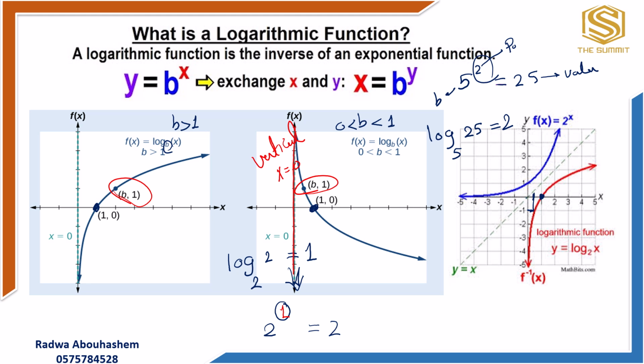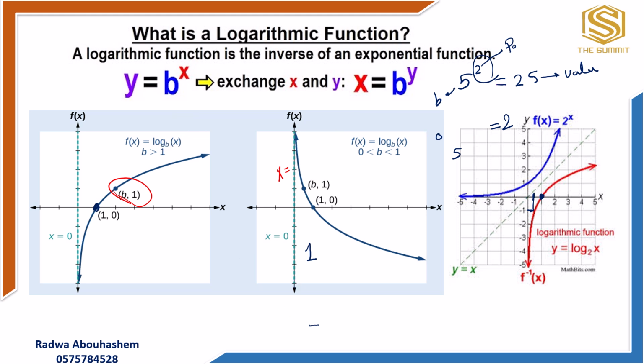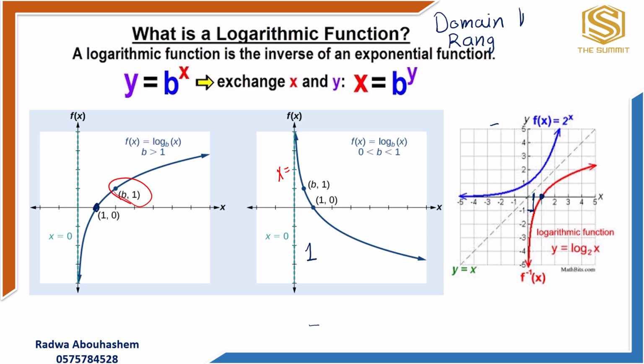Good. Now let's go for the domain and range. Do you remember the domain and range for the exponential function? The domain for the exponential was R, and the range was R positive, right? Good. Now we're going to switch.